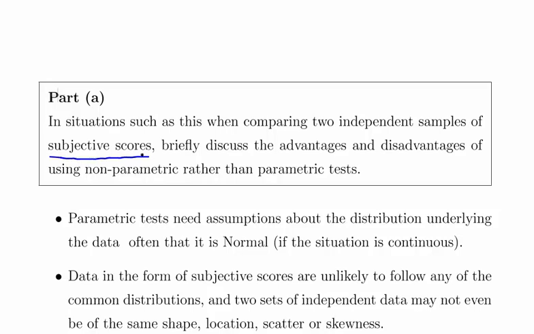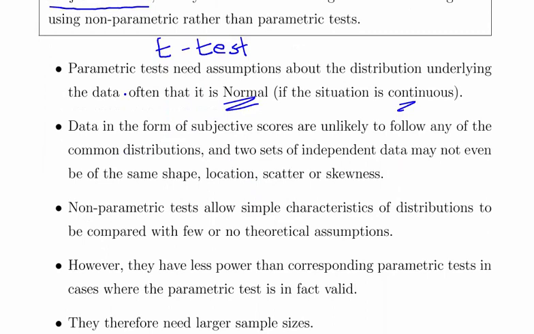Okay, so the parametric tests, the most famous one being the t-test, I suppose, need assumptions about the distribution underlying the data. Often that it is normally distributed and continuous. That might not be the case in a lot of data you're working with in medical statistics.